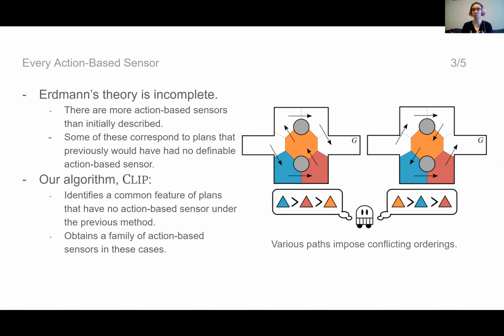To obtain these sensors, we need to define a progress measure, something that not all plans have. We show that all plans for which no progress measure exists share a common feature. In such cases, the paths the agent might take through the world impose conflicting orderings on the world itself, which we call crossovers. So we devised an algorithm to identify and handle these crossovers that we call CLIP.